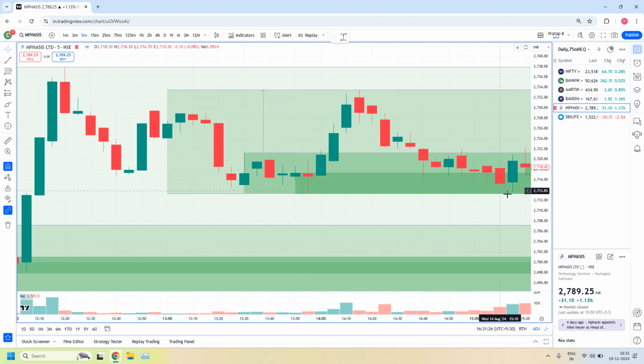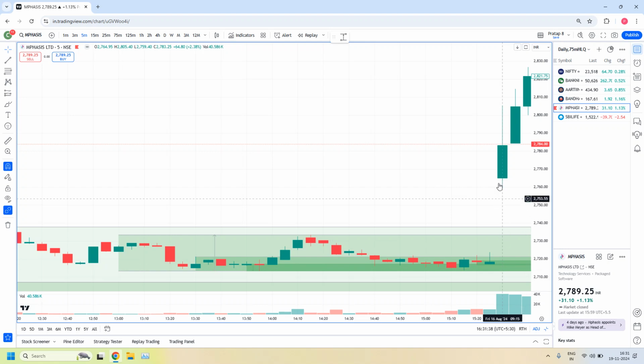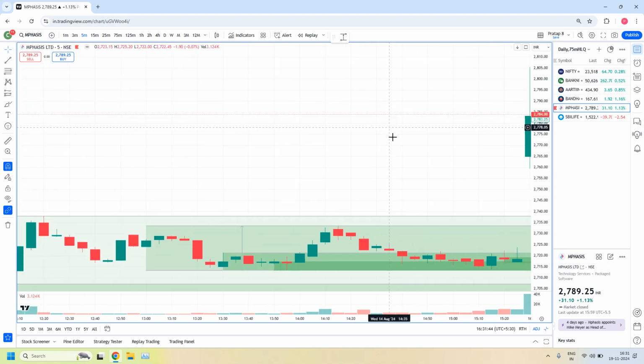See, this zone is tested multiple times. Prices also came deep inside. But even then, see here again rally base rally with a huge hidden body and follow through candles. So that's why this is the area we can plan a trade again.